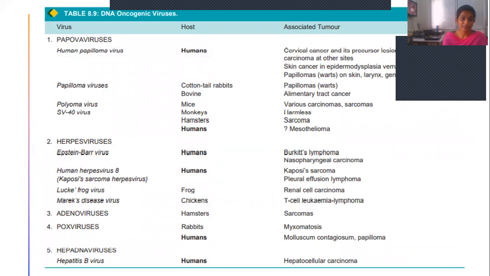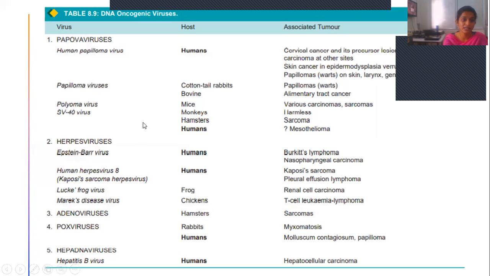And here are some examples of DNA oncogenic viruses and their associated tumors. Human papillomavirus and polyomavirus cause cancers like cervical cancer, skin cancer, and papilloma.